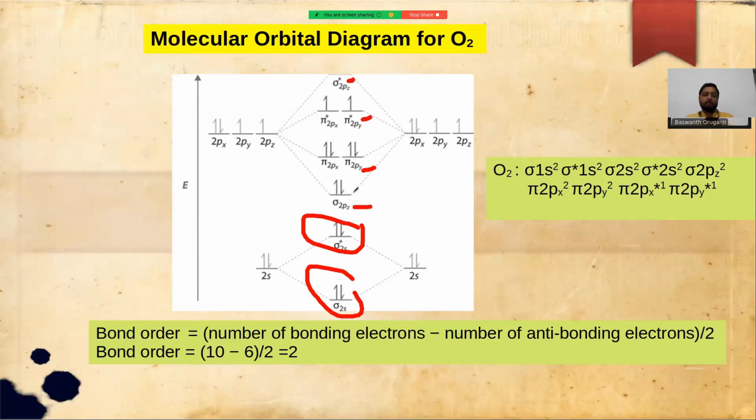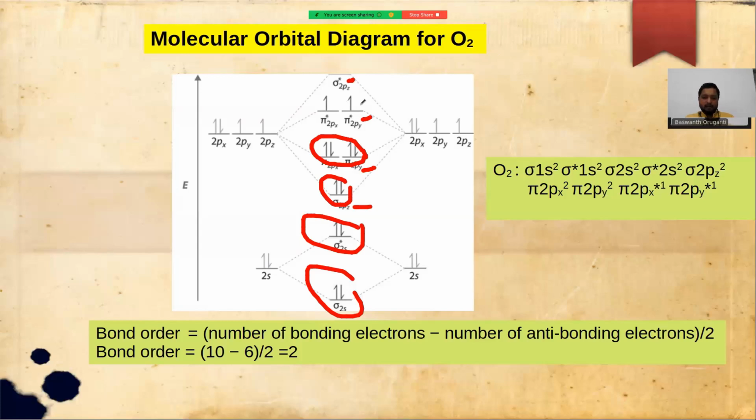The bonding molecular orbital sigma 2pz is completely filled with 2 electrons, and pi 2px and pi 2py are also completely filled. So we have 4 plus 2, 6 electrons there, and then 2 more electrons. So these 2 electrons go one each in pi star 2py and pi star 2px. This is because these 2 orbitals are degenerate, so we can't fill both electrons in the same orbital, but we have to fill 1 electron each.